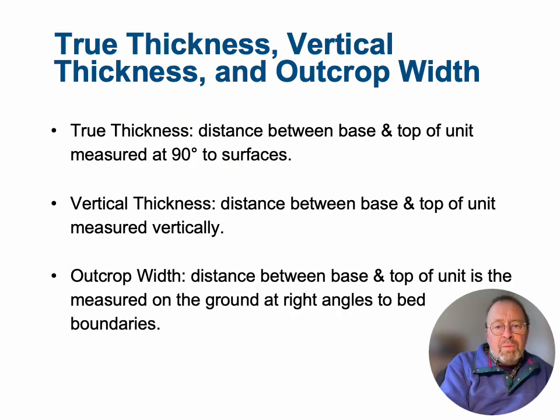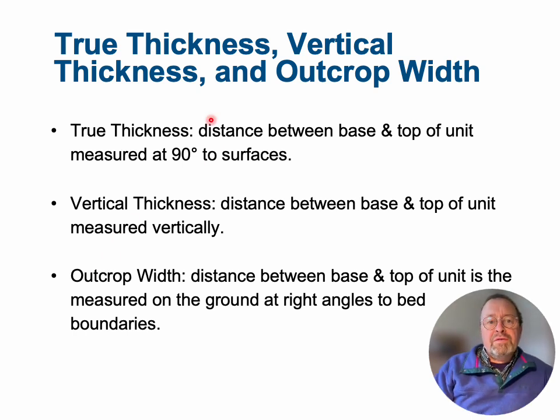So when we look at a geological map, we want to know something about what the dip of each unit is, and we often want to know how thick each geological unit is. So there are these differences between true thickness, vertical thickness, and the outcrop width. Those are three important different things.